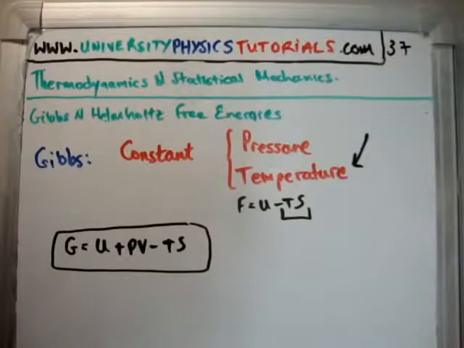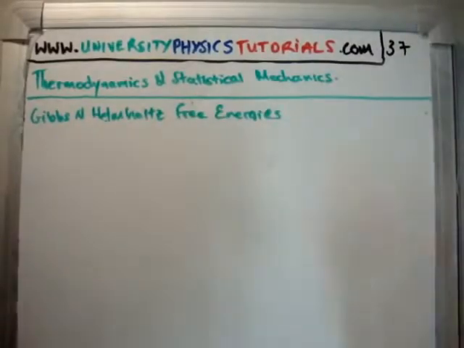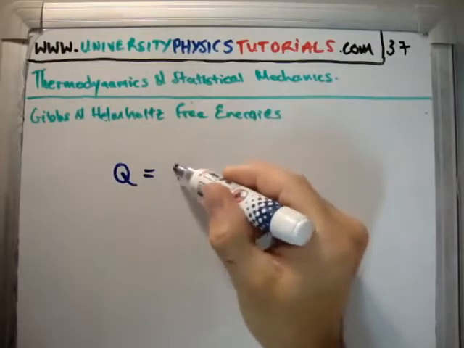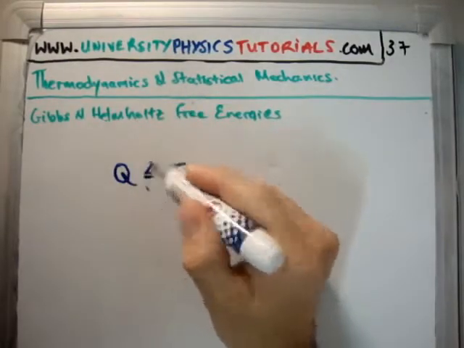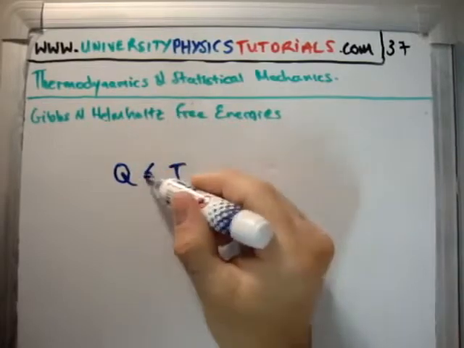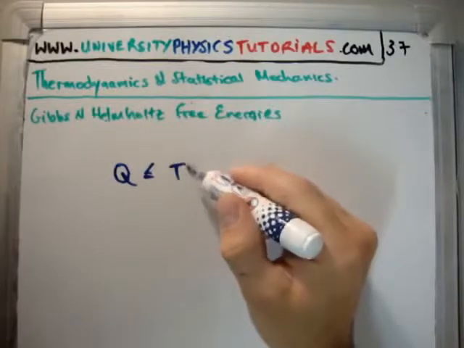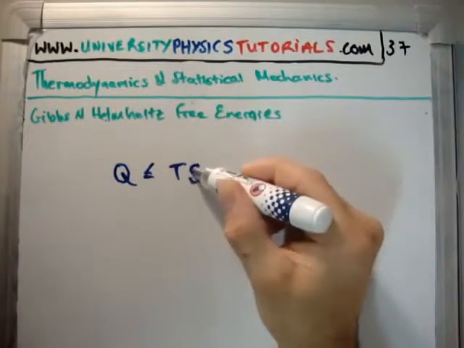Now you might be saying to yourself, what is this Ts term that I've mentioned? I've just kind of thrown it out there. So I'll talk about that in a moment, but essentially what we're saying is there is an amount of heat that can flow into your system, which is at maximum less than or equal to the temperature which your system becomes times the entropy of your system.